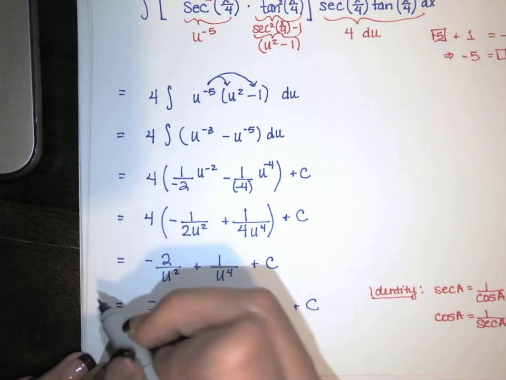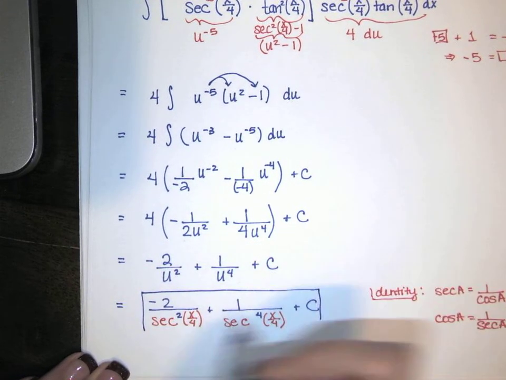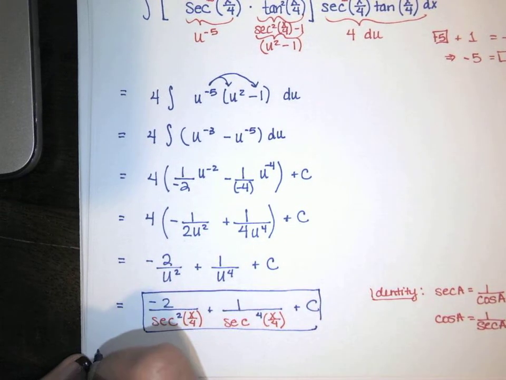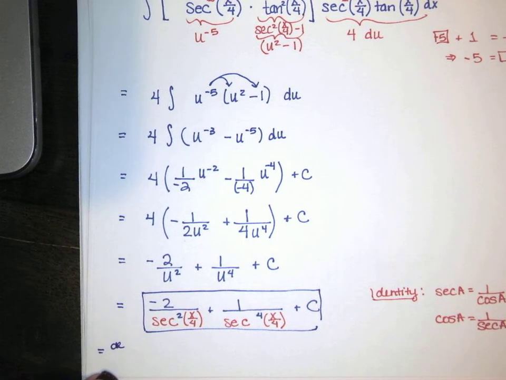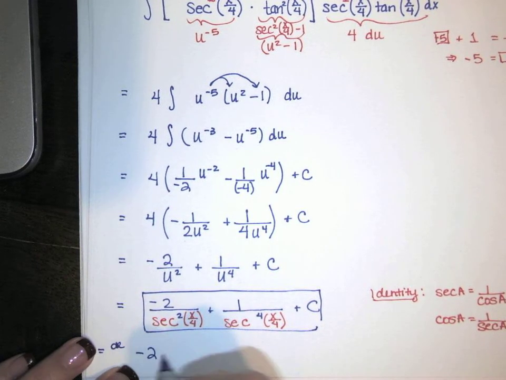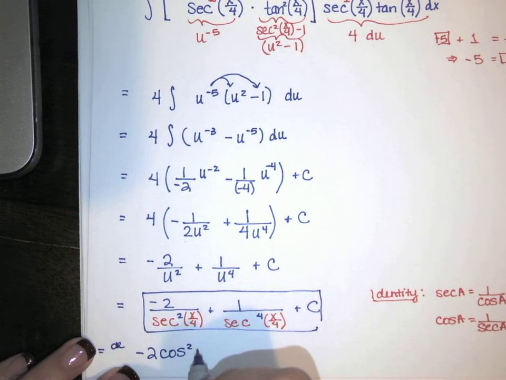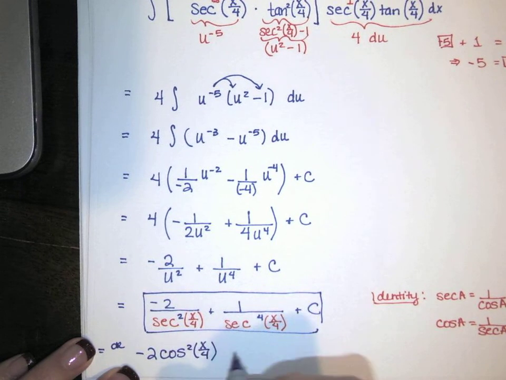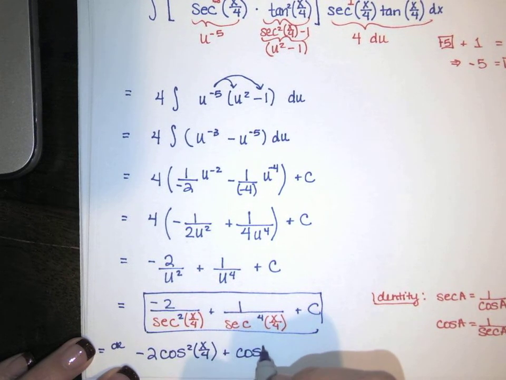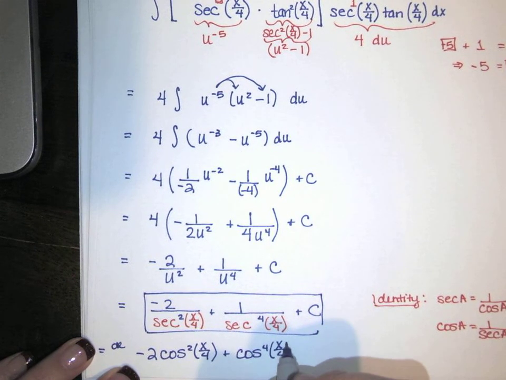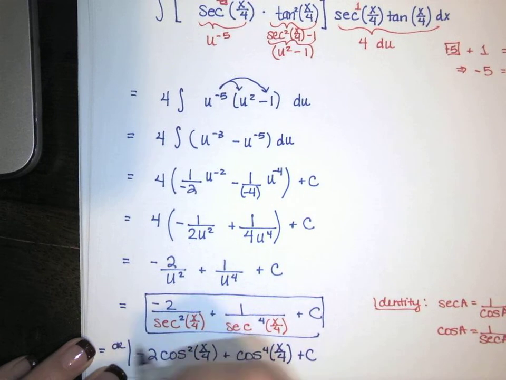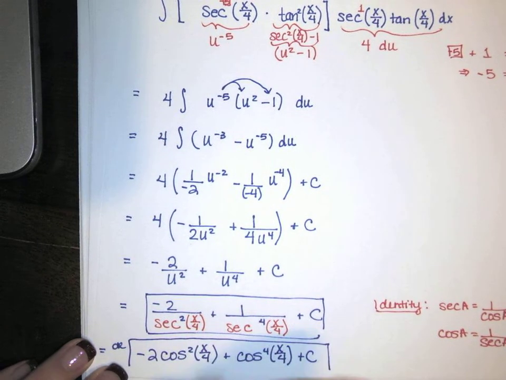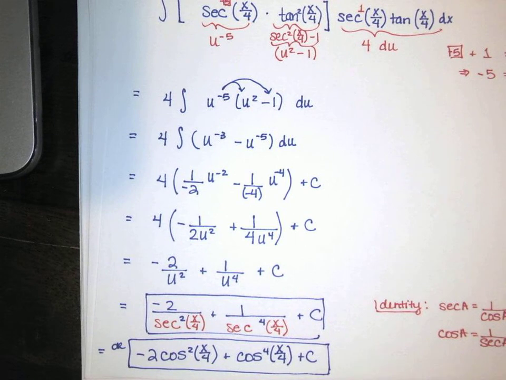So this is my final answer. But maybe a cleaner final answer might be -2 times cosine squared of x over 4 plus cosine to the fourth of x over 4 plus c. Those are equivalent. And we're good to go. That's our final answer.